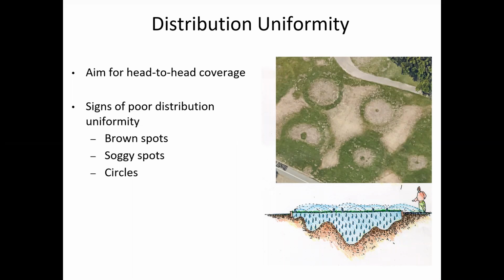And the picture below the crop circles is really what it looks like from a worm's eye view, where you're seeing that some of it's surpassing your lawn's root needs while others just aren't meeting it. So it can also create an uneven field underneath as well, not just above ground.